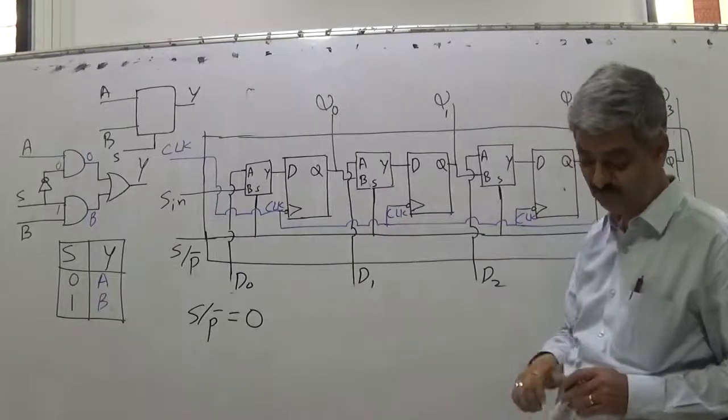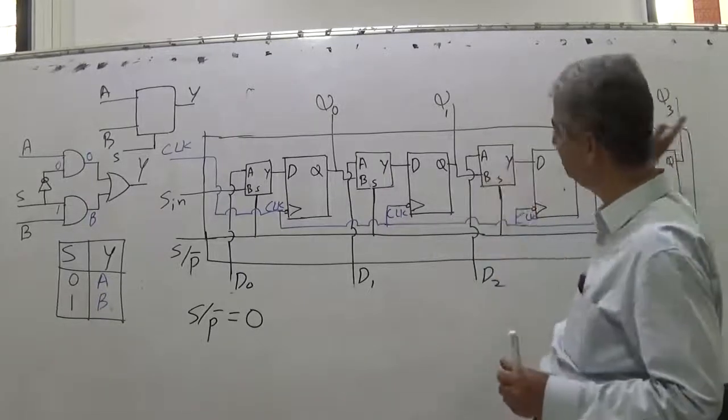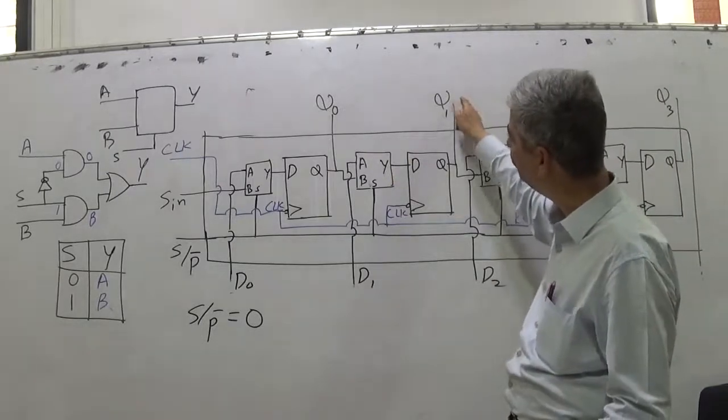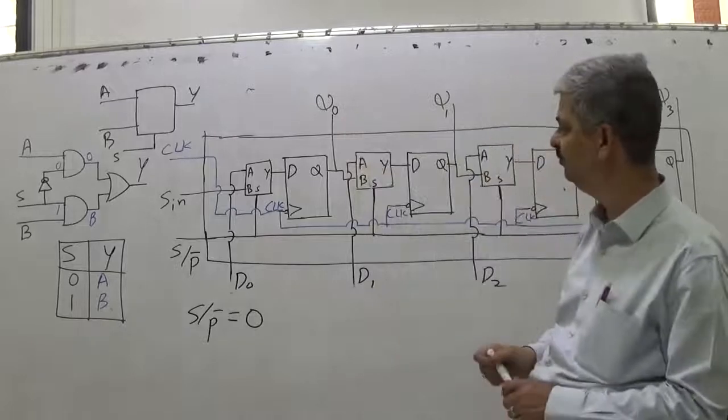What you want? You want shifting in this way. So Q1 should be transferred to Q0. So what will you do?